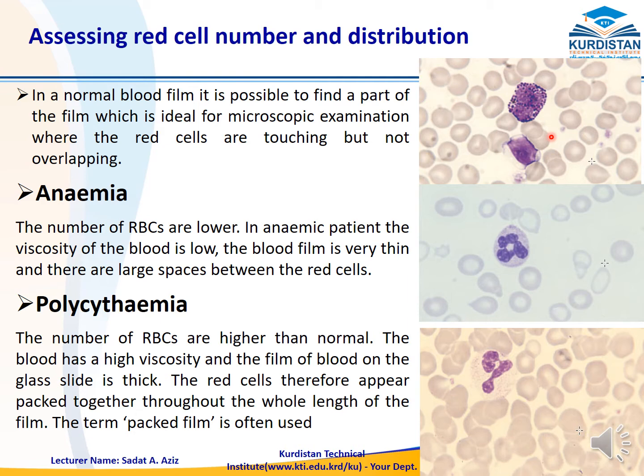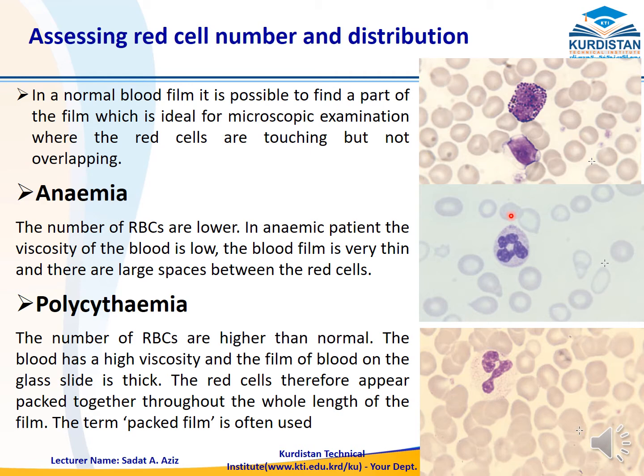The cells are touching, but they are not overlapping. So if you have a look here, the cells are touching but not overlapping. This is referring to a normal distribution of the cells, and the cells also might have a normal number.